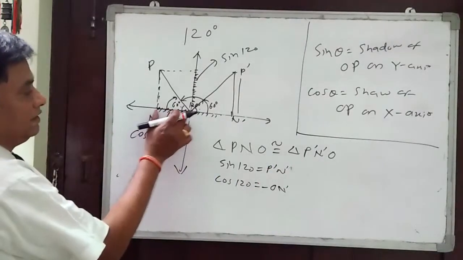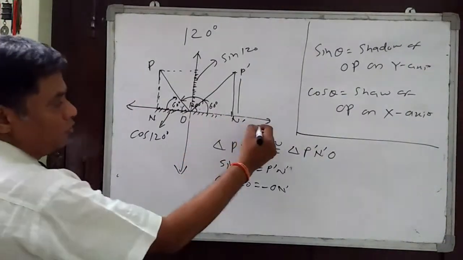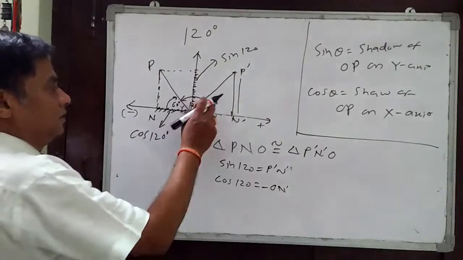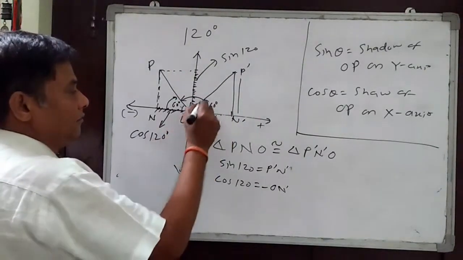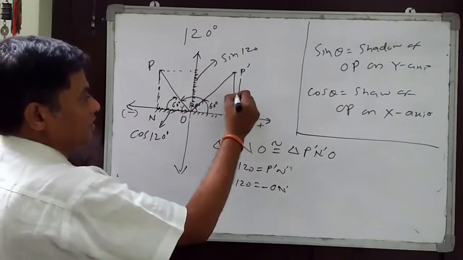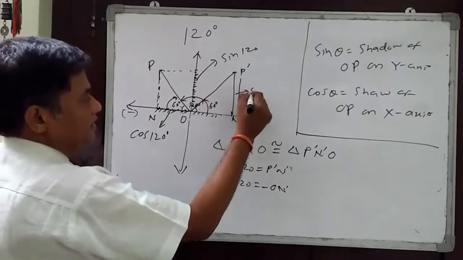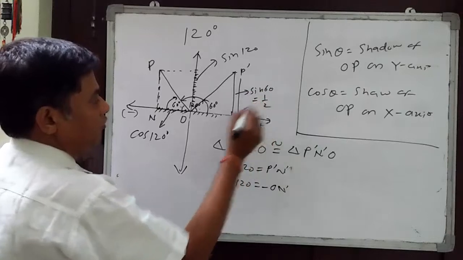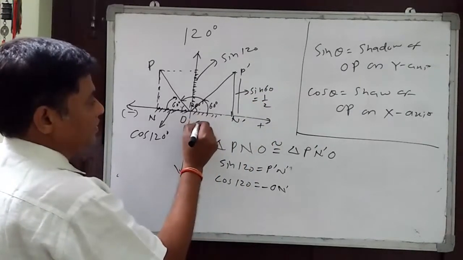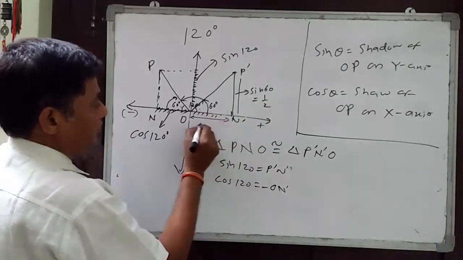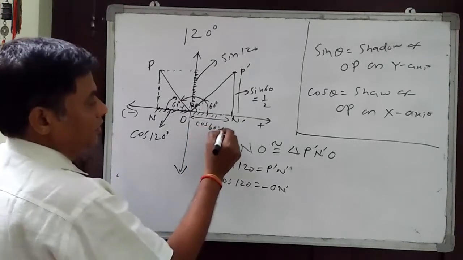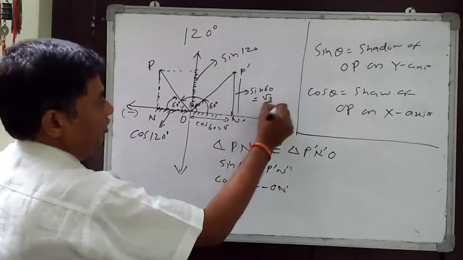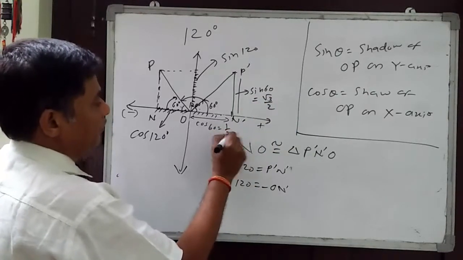That means this much length is actually this much length, but this is on the positive side and this is on the negative side. Now this is a simple right angle triangle where angle is 60. So sin 60 will be root 3 by 2 and cos 60 will be 1 by 2.